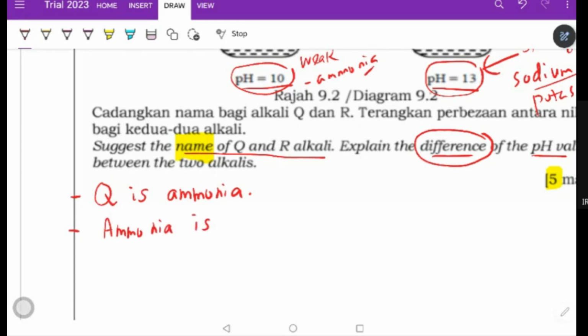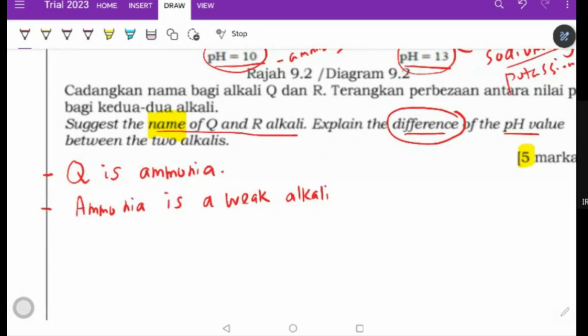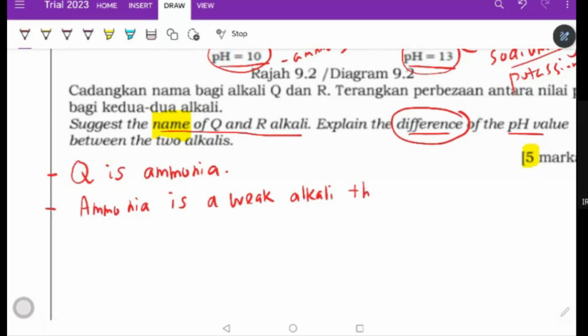is what? Weak alkali, right? What is the definition for weak alkali? That ionizes partially in where?